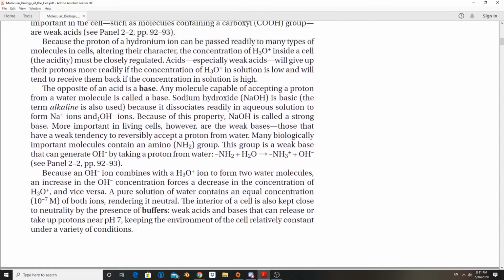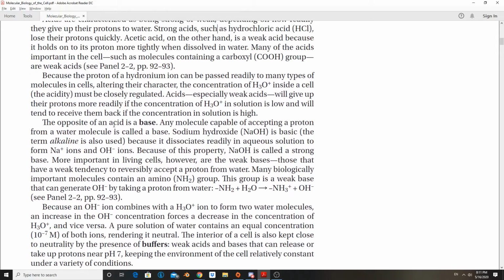Again, the opposite of an acid is the base. Sodium hydroxide is basic because it dissociates readily in aqueous solution to form sodium plus and hydroxide ions. And so, because of this property, sodium hydroxide is a strong base.